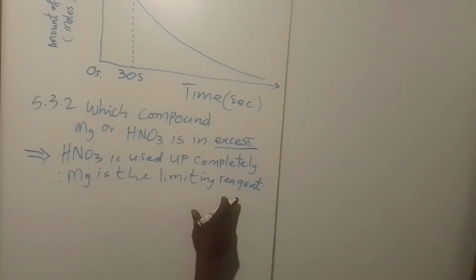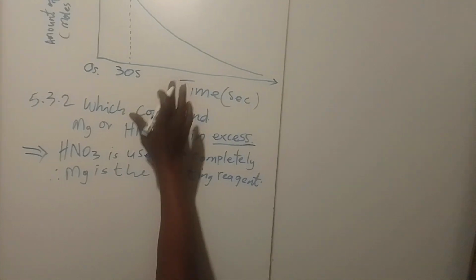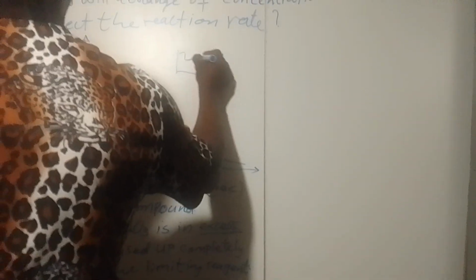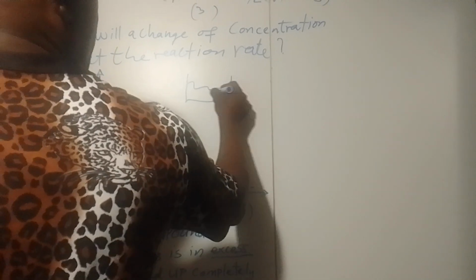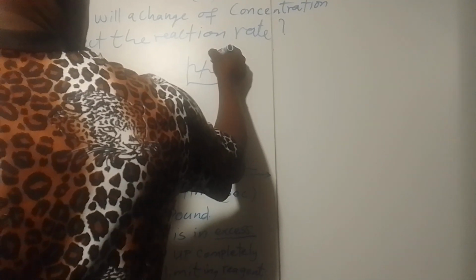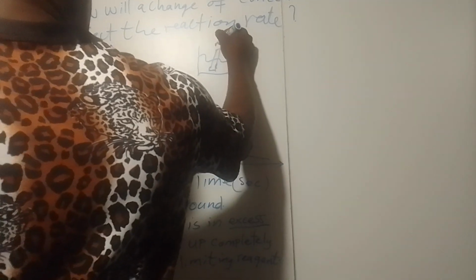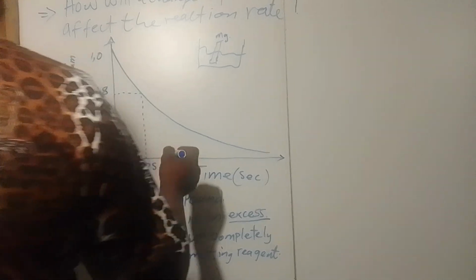What do we mean by limiting reagent? It means that if you put it inside the beaker like this, then you dip in the magnesium strip.